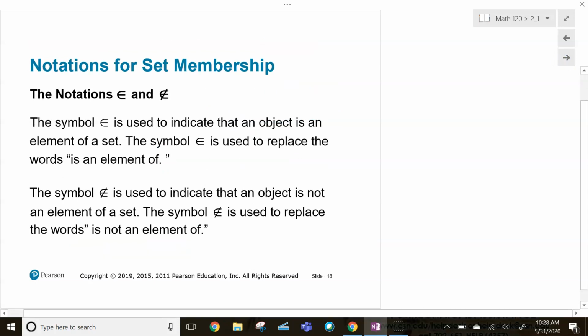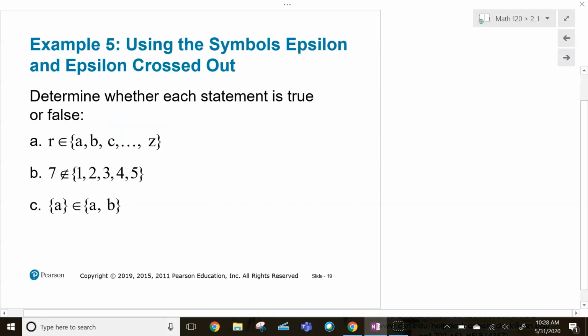All right, notations for set membership. So this symbol means is an element of, and this one just means is not an element of the set. Okay, so for example, determine whether these are true or false.